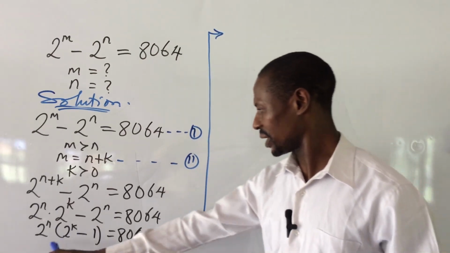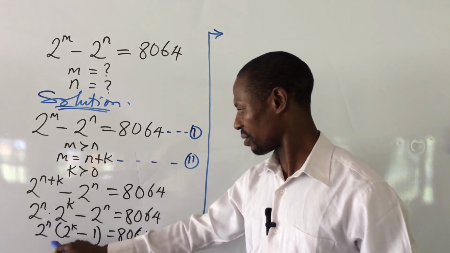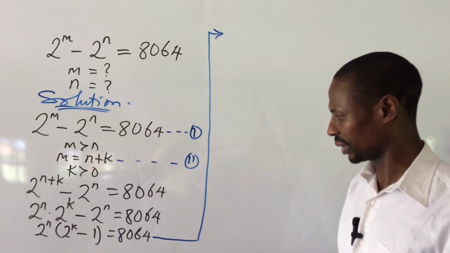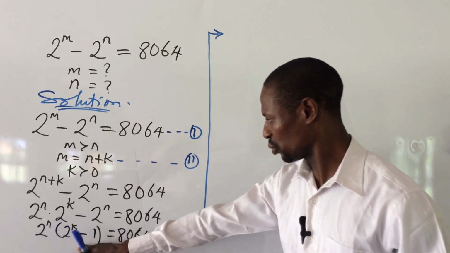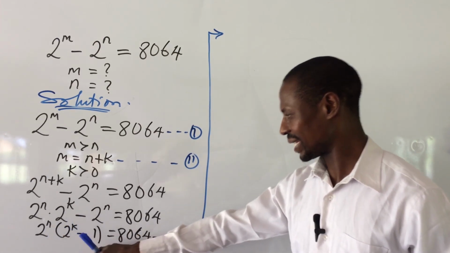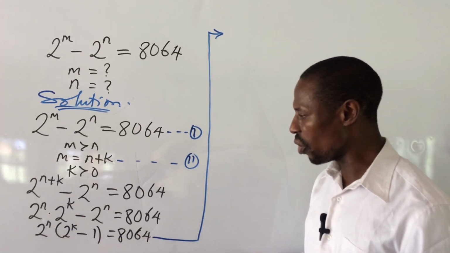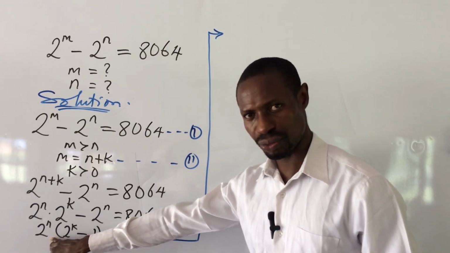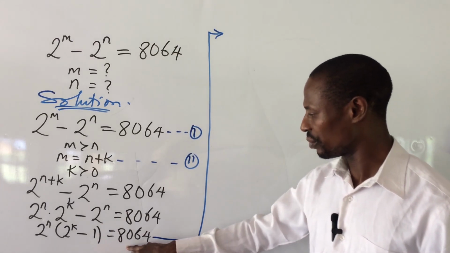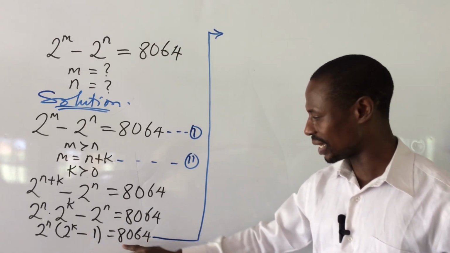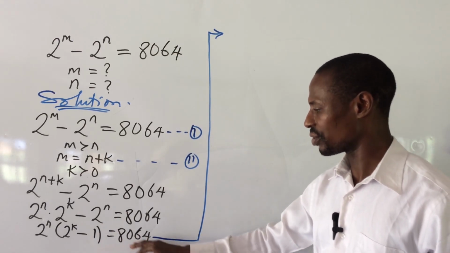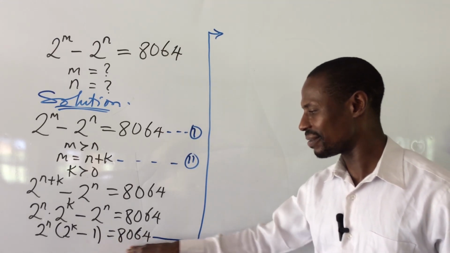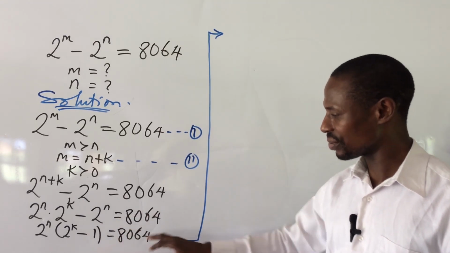All right, let's proceed on this other side. If we decide to divide by 2 to the power of n, then we're going to have some challenge. If we divide by 2 to the power of k minus 1, we also have some challenge. So the only way out is to think of making use of the product rule here. For us to do that, we have to find two numbers that will multiply together to give us 8064. That is the factors of 8064.